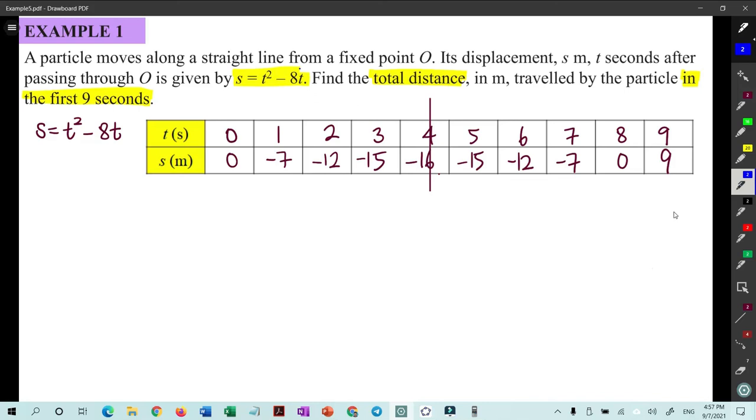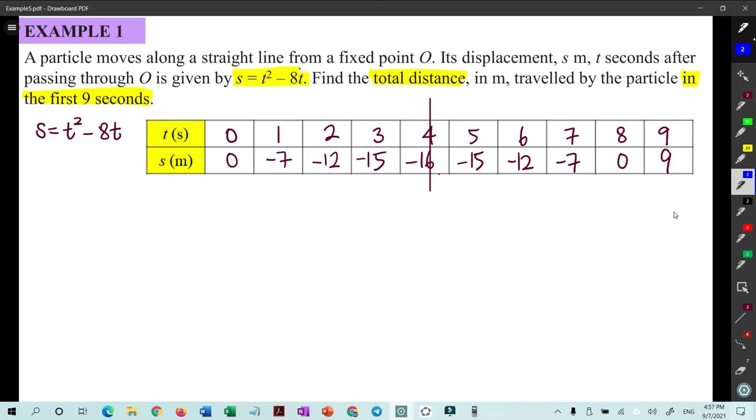One crucial point you must consider when finding the total distance is finding the time when the particle is changing its direction, or in other words, when it is making a U-turn.